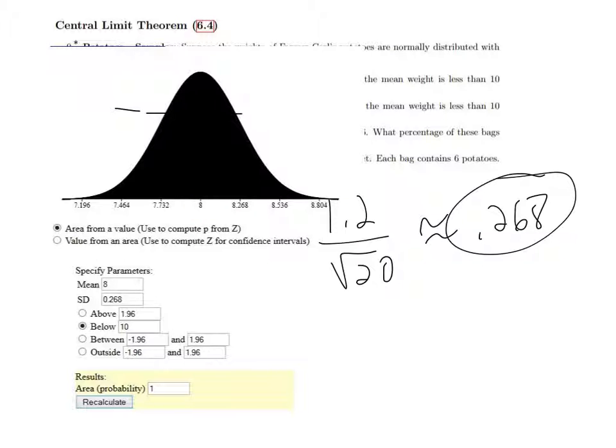I should say, if 8 is the true average and I take a sample of 20 potatoes, it's really unlikely I'm going to get an average potato weight greater than 10, because 10 is way off the chart. If I do, then that average of 8 is called into question. And that's where we go in the next chapter, in a couple of weeks.